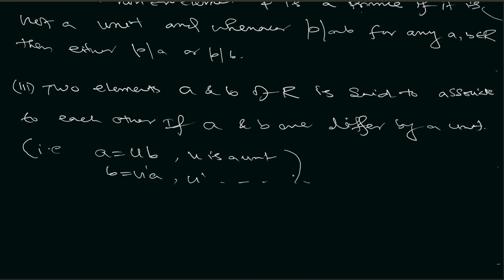Then we say that these two elements a and b are associate of each other.